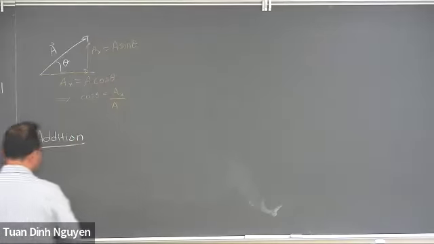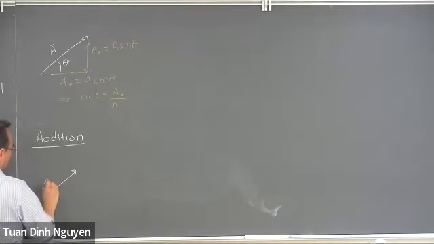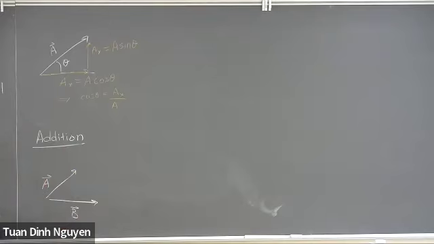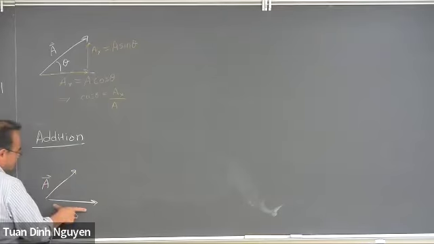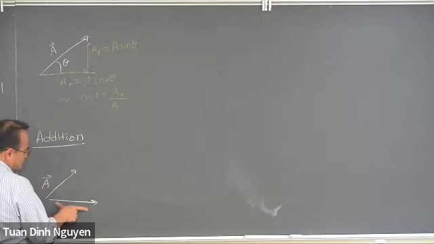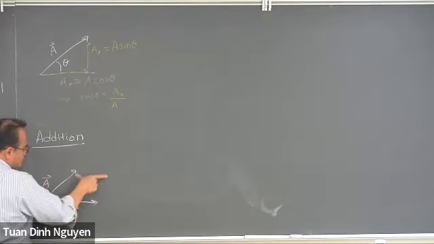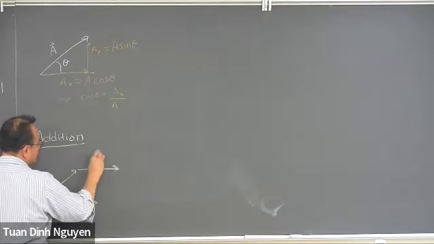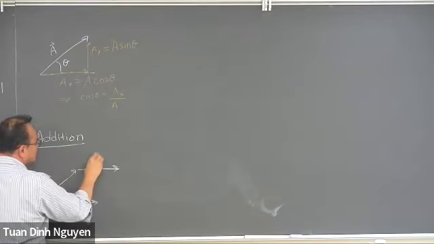If you have a vector A and a vector B, you add them by moving them. Graphically, to see what it is, you have to move it so that the tail of one is touching the head of the other. Doesn't matter which one.